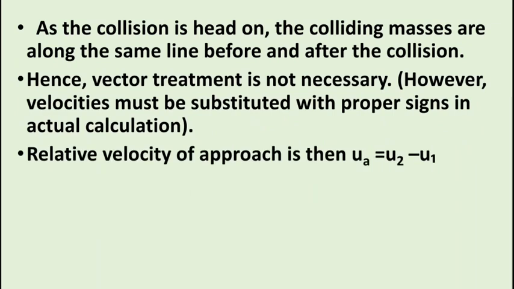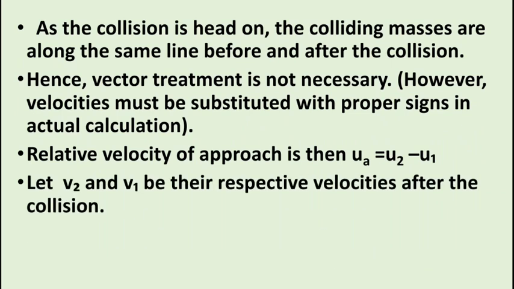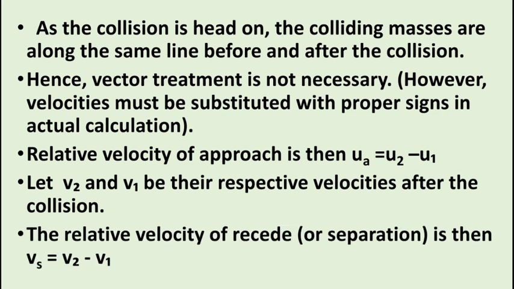Relative velocity of approach is then ua is equal to u1 minus u2. Let v1 and v2 be their respective velocities after the collision. The relative velocity of receding or separation is then vs is equal to v2 minus v1.